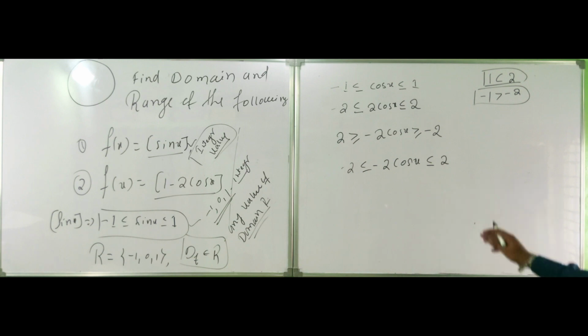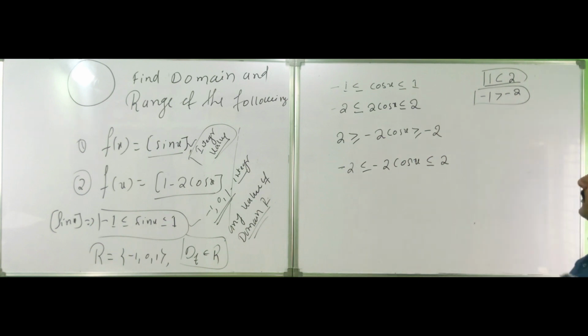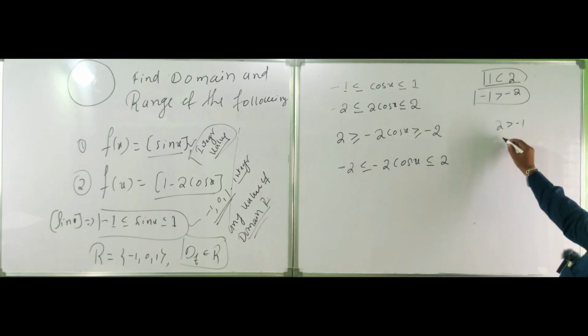Changing the signs, this minus becomes this side and this side 2 goes to the side. 2 is greater than minus 1, then you can write minus 1 is less than 2.